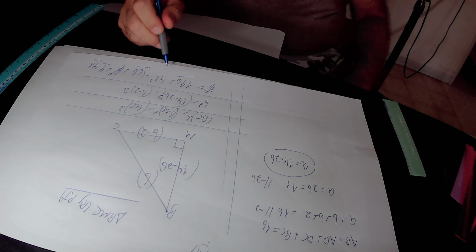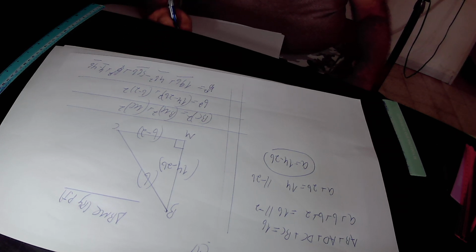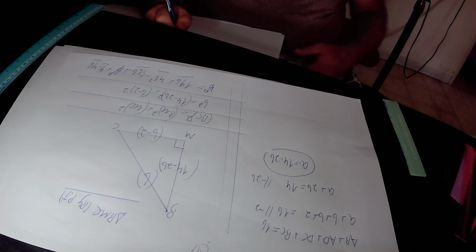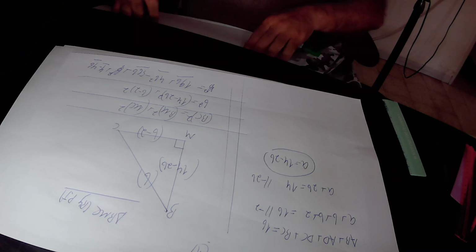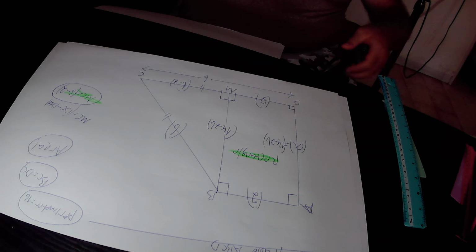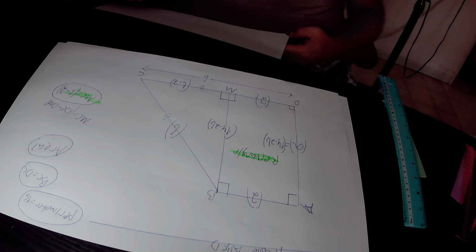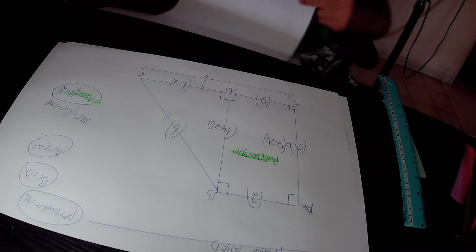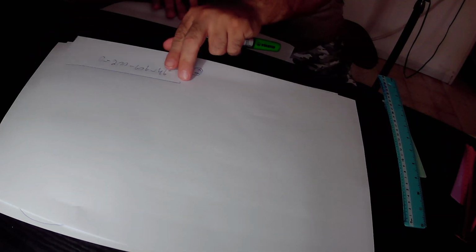And finally we have also plus 4b squared. So in total we found out that 0 equals 200 minus 60b plus 4b squared.